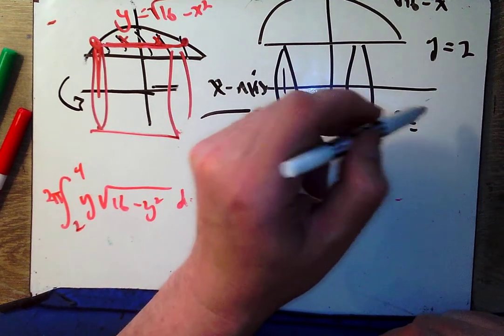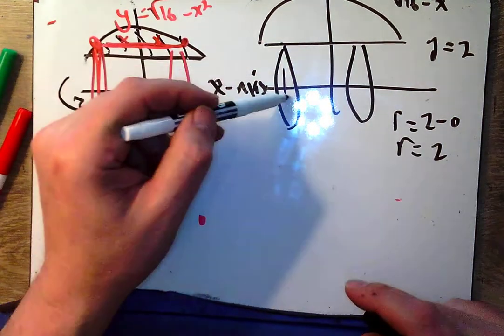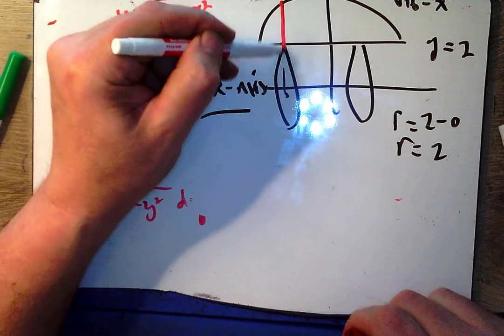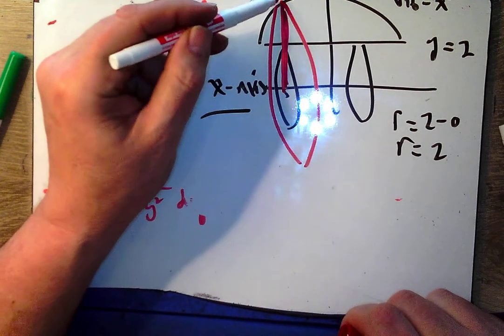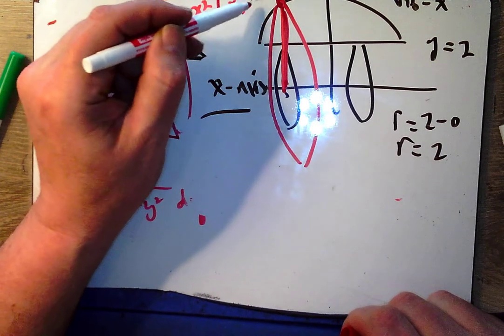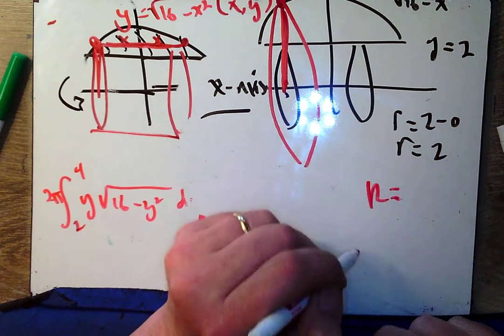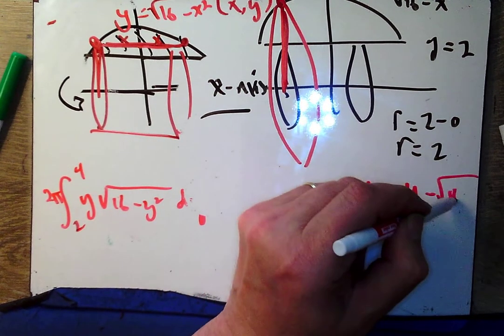Little r is 2 minus 0, so little r is 2 at the top minus bottom there. But what about big R? Big R, that radius is in fact the y value to that point.